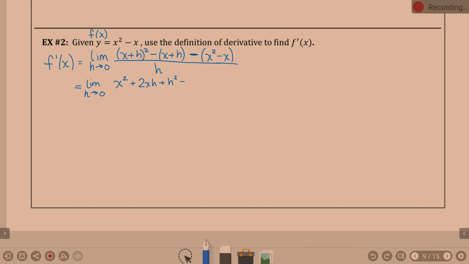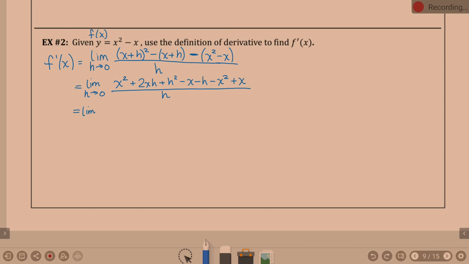I'm subtracting, so it's minus x and minus h. And I'm subtracting, so it's minus x squared and plus x, all over h. Did you forget the h again? Okay, consistency there at least.